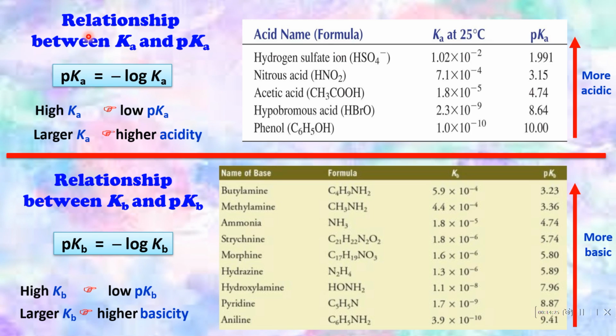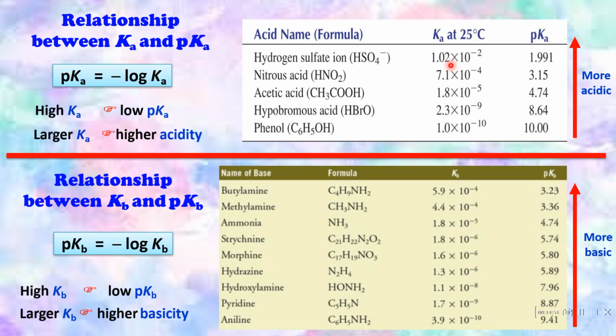Now, the relationship between Ka and pKa. pKa equals negative log Ka, where p stands for negative log. When Ka is high, the value of pKa becomes low. We can see an example here.